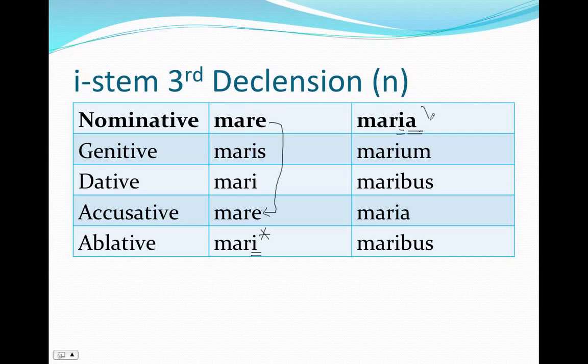So maria, marium, the genitive, maribus, maria, just like the nominative plural, and maribus. So with I stem neuters, the things to keep in mind are going to be the ablative singular, which ends in I, the nominative and accusative plural, and the genitive plural.